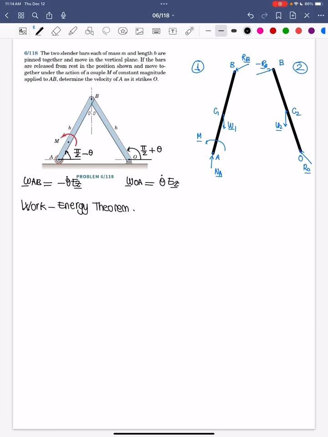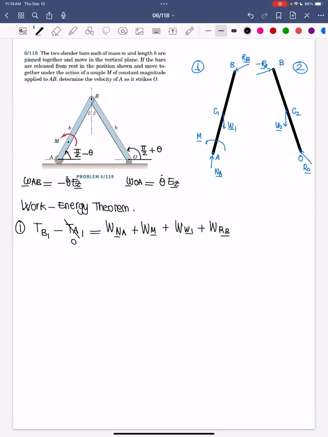So for bar 1, I can write that TB minus TA. A is the initial state, and the system starts from rest, so TA is equal to 0. So TB minus TA is equal to the work of NA plus the work of M plus the work of W1 plus the work of RB.